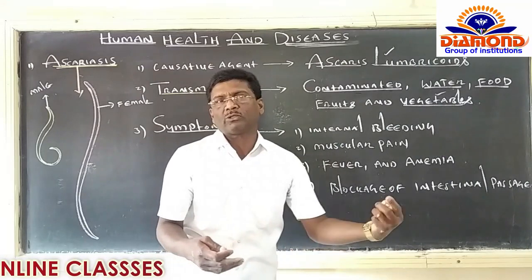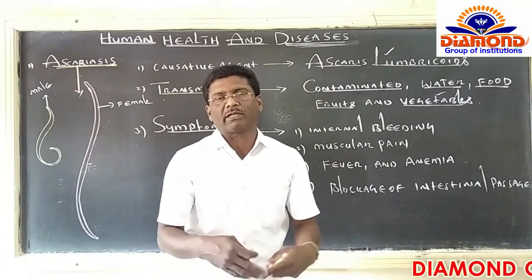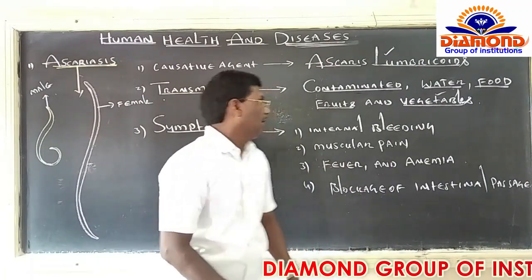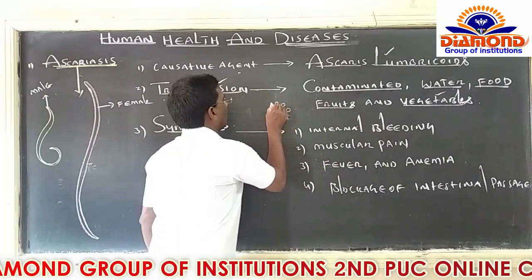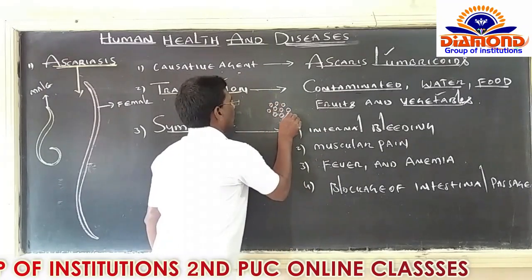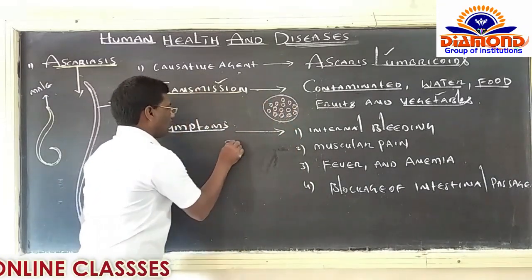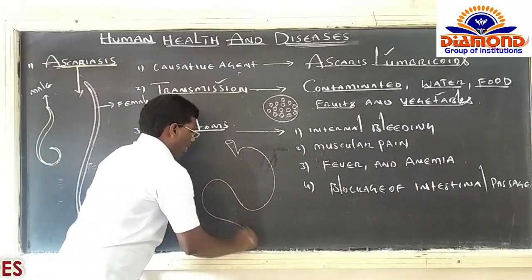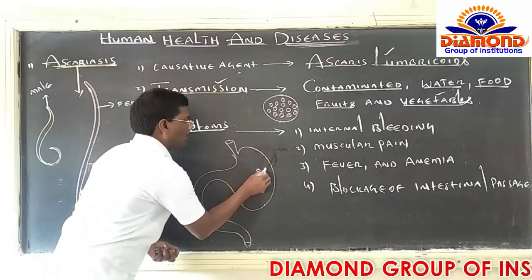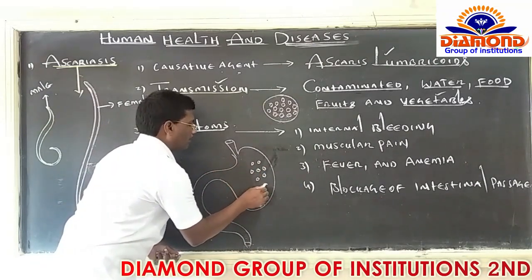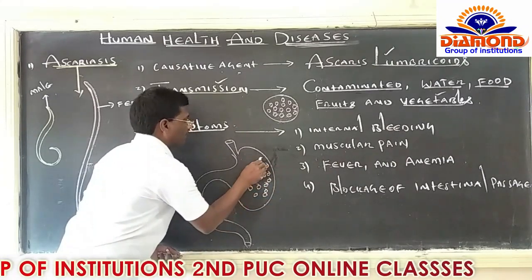Sometimes in the sabji market we eat carrots without washing. In such conditions, the Ascaris eggs present on the fruit surface directly reach the human stomach through contaminated food, drinking water, fruits and vegetables.